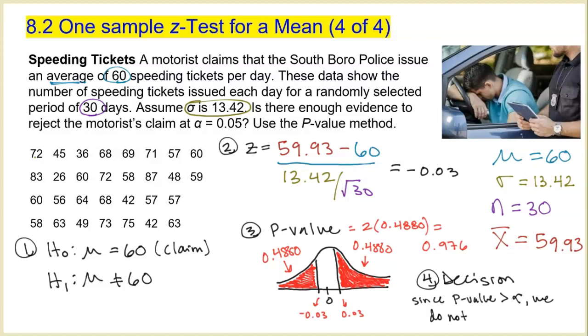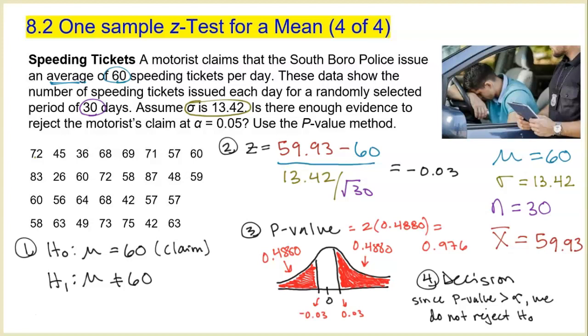And then we look at our decision: that p-value is quite large. Since it's much larger than our alpha value, we look at not rejecting the null hypothesis. So again, when we talk about statistical significance, we want a smaller p-value. We want a relatively small p-value in order to reject the null hypothesis.